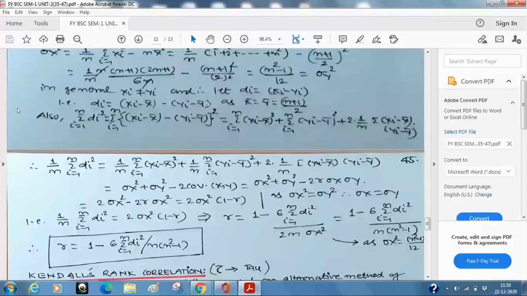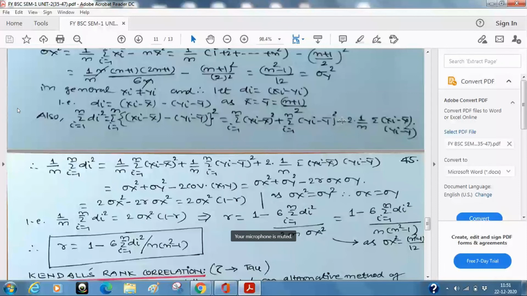Yes, sir. Okay, so next thing was that we have just squared it and we have taken the summation on both the sides. So if I square it, it will be (xi minus x bar) minus (yi minus y bar) whole square. Now this is something like a minus b whole square. So what will be that? There will be a square plus b square. This is wrong, I am saying again, here the minus sign will come, by mistake it became plus, minus 2ab.